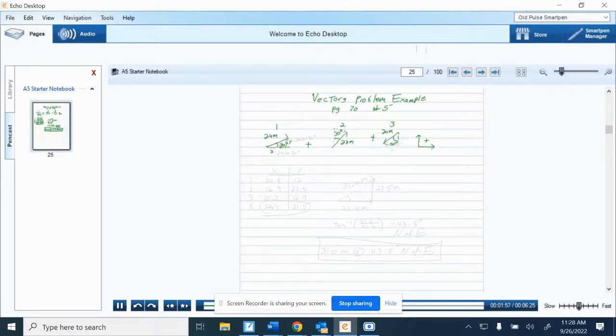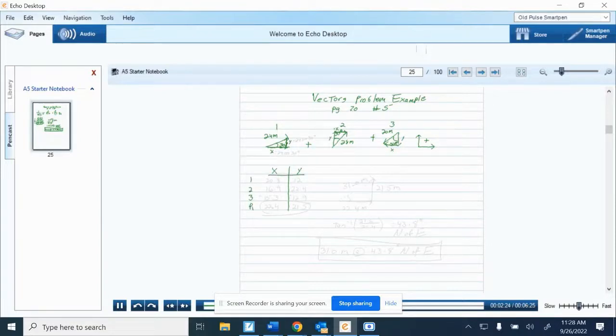Then this one, y component, x component. This one, y component and x component. We'll make sure we draw arrows so we know which way we're going here. Okay, and then I want to set up a table. So I'm going to do x and y components, vector 1, vector 2, vector 3, and the resultant.